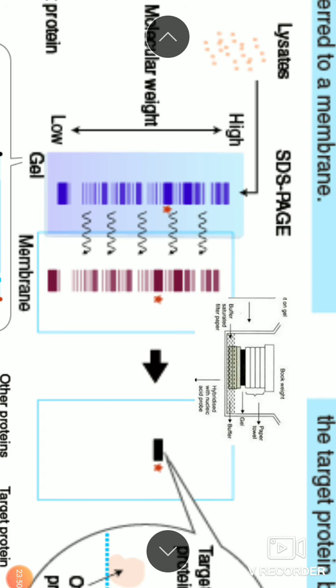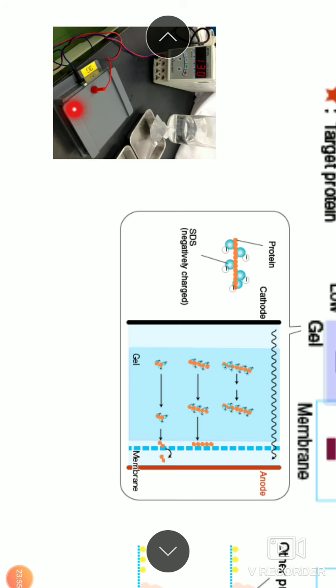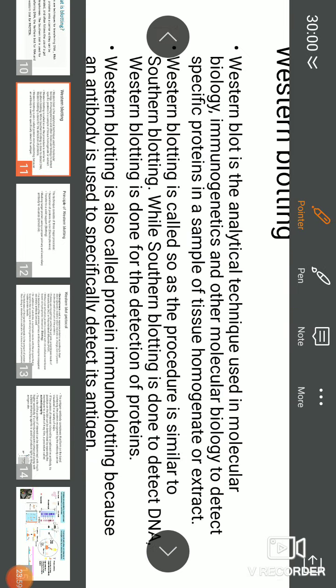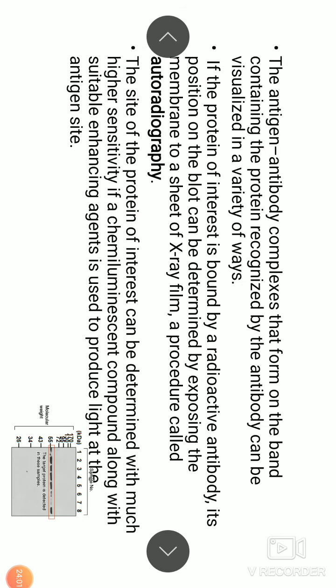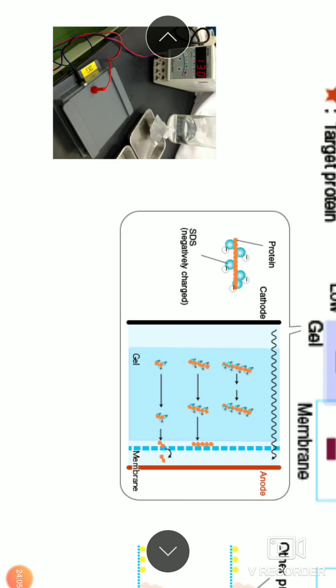What is meant by semi-dry transfer? You need to have an assembly, like what is shown here. You can see there is a graphite electrode in this picture, and then using electricity they are transferring the proteins from the gel to the membrane.